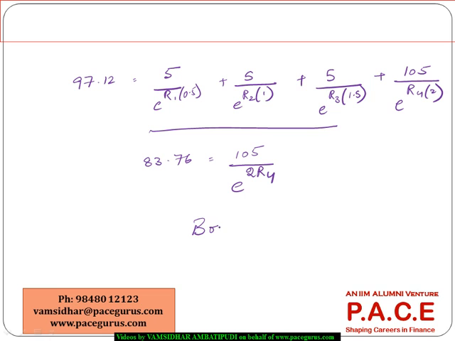This kind of method where we are trying to extract the spot rates from the bond prices is what we call the bootstrapping method, right? We can compute the spot rates, and once the spot rates are there with us, we can very well use them to find the bond rates for any other kind of bond.